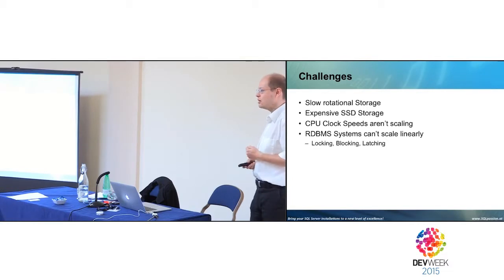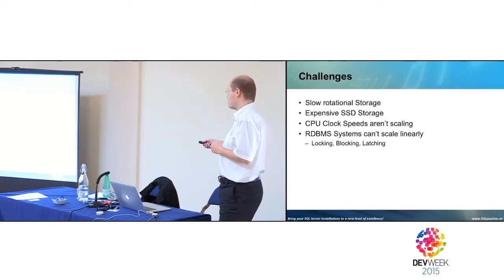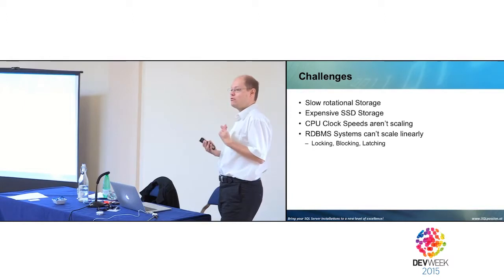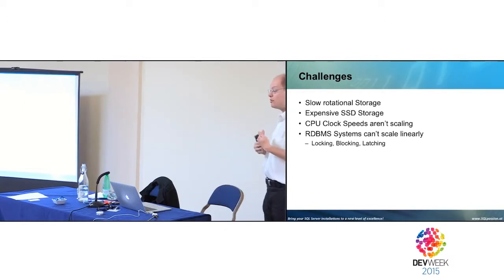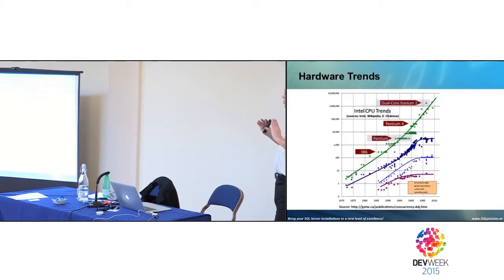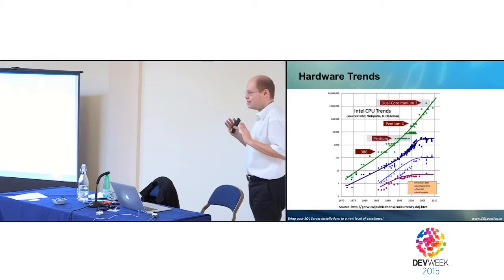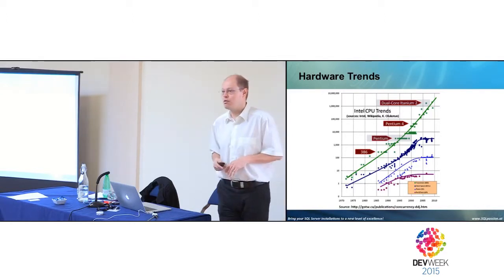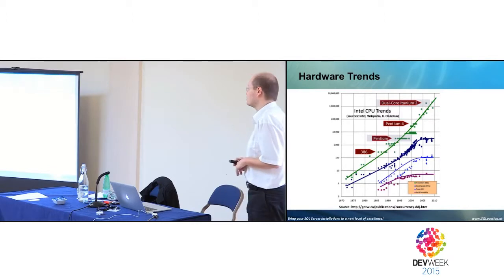Means with latching, you have blocking directly in main memory. Means as a conclusion, our relational database doesn't really scale very well. So those are the current challenges that we are dealing with when we are talking about relational databases.